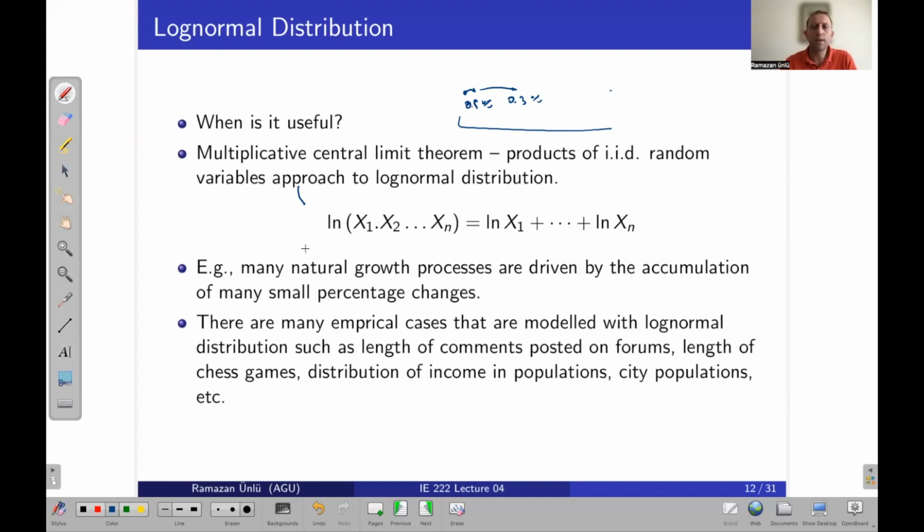To summarize, a process in which improvement or growth is made in small stages, and the accumulation of those small stages, can be modeled by the log normal distribution.